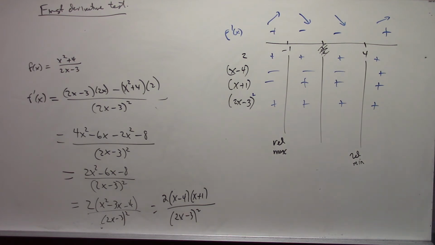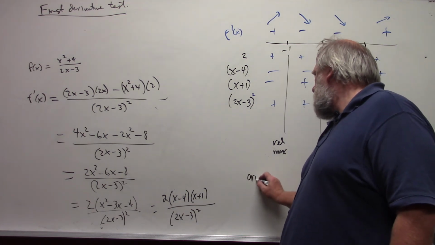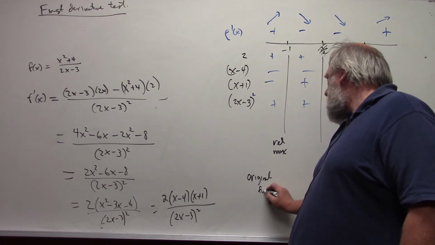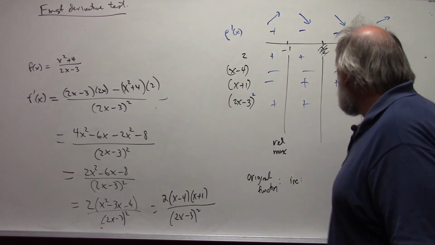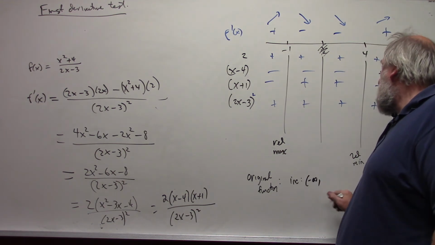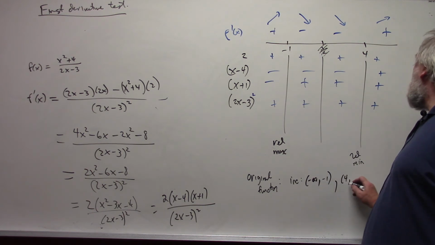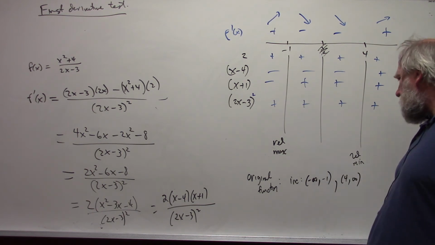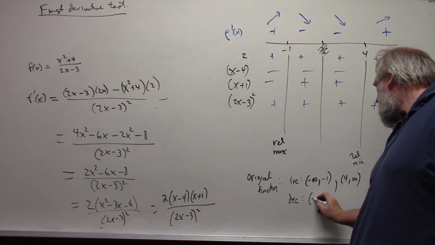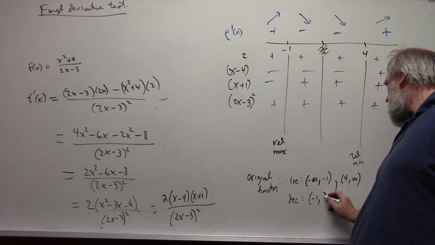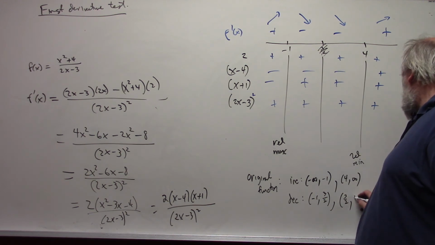If I wanted to know intervals where the original function is increasing and decreasing, it is increasing on the interval from -infinity to -1, and also from 4 to infinity, and it is decreasing on the intervals from -1 to 3/2 and 3/2 to 4.